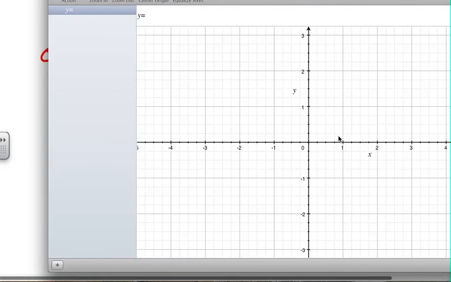So let's take a look at 3x to the third minus x squared plus 5x plus 1.